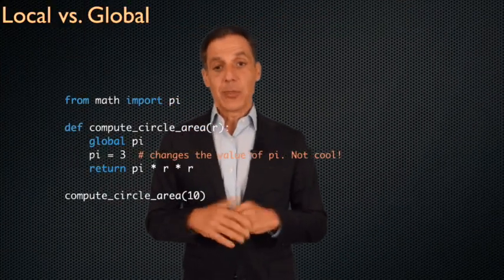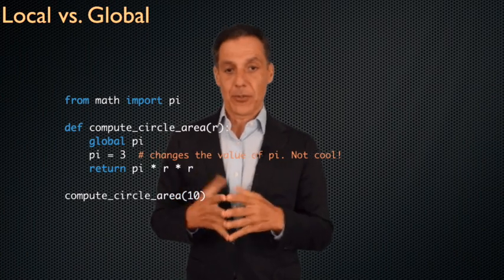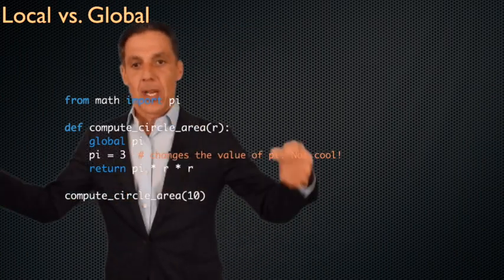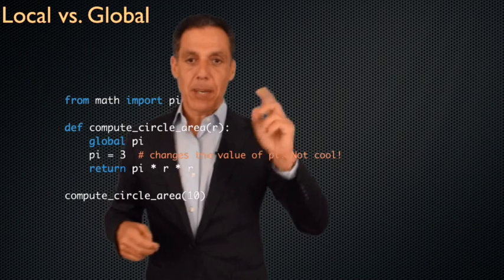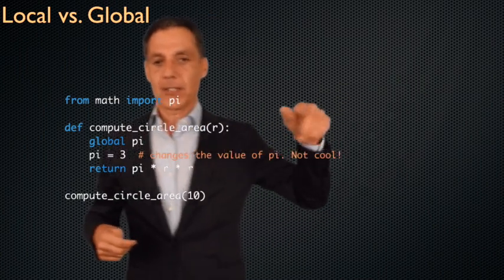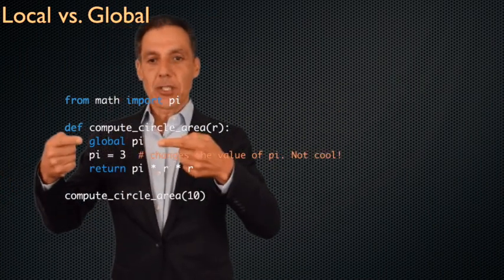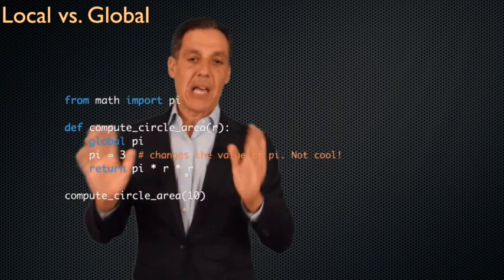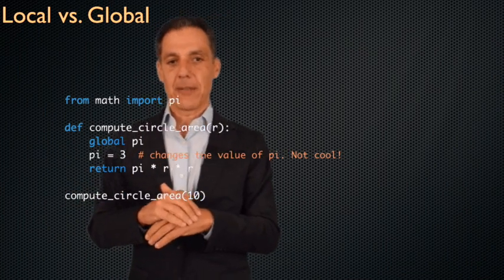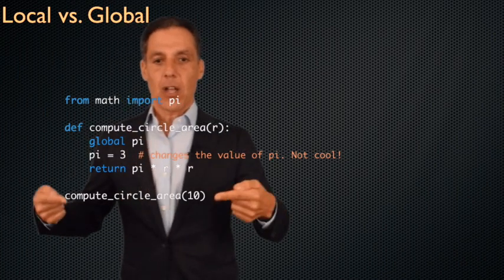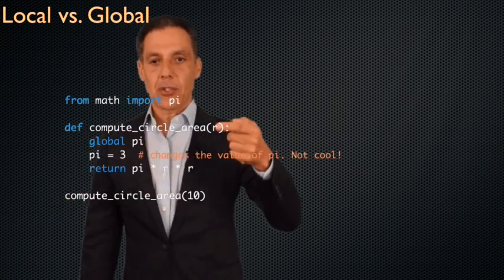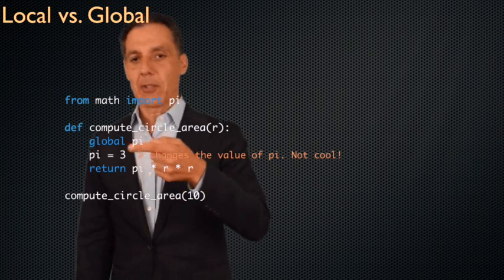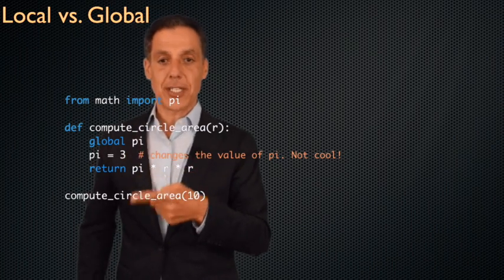Now, there's some really dangerous things you can do with global variables. Here's one that should frighten you. Import from math pi, of course, being 3.14, et cetera, et cetera. Define pi to be a global variable and then reset pi to be 3. Okay? I don't like floating point numbers. I'm going to say that pi is 3. Call compute circle. Compute circle comes in here, says pi is a global variable. I'm allowed to change it, and then I can use it in an expression.